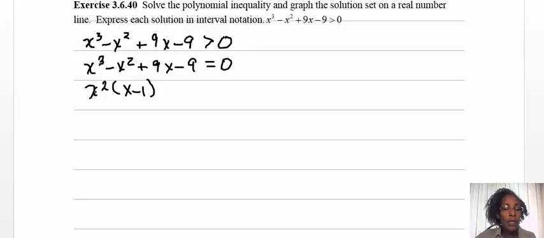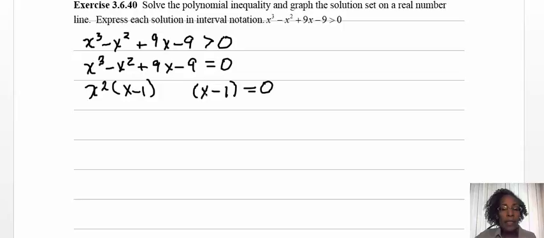If I were to use the distributive property, I would multiply x squared by the difference x minus 1, I would regain these first two terms. Now I want to factor out the GCF from the last two terms that multiplies by x minus 1 and gives these last two terms.